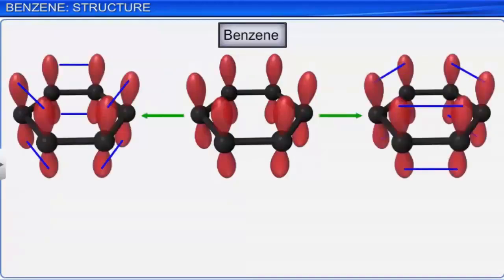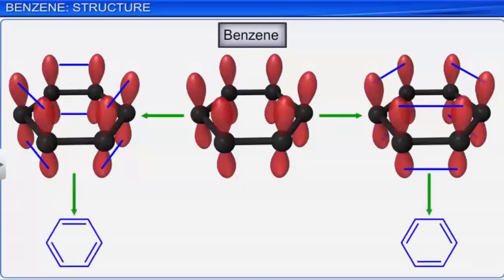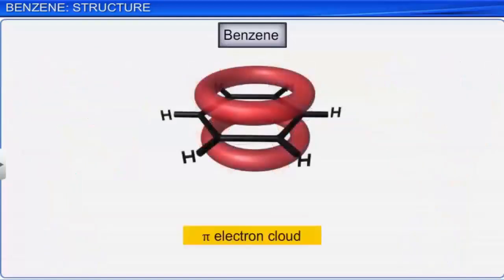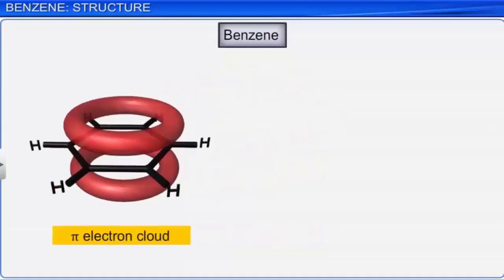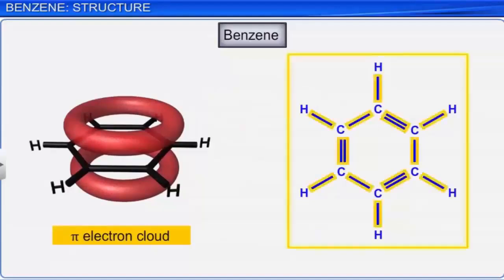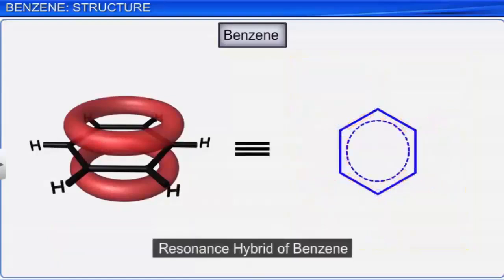As there is equal probability of the p orbital of each carbon atom to overlap with adjacent p orbitals of carbon atoms, it results in the formation of two continuous donut-shaped pi-electron clouds, one lying above and the other below the plane of the carbon atoms. This delocalized pi-electron cloud makes the benzene more stable than the hypothetical cyclohexatriene. Hence, this is the resonance hybrid of benzene.